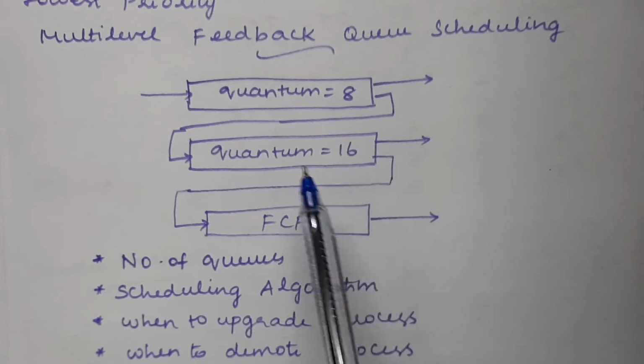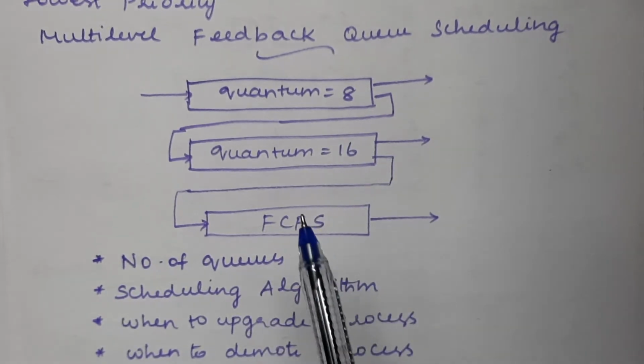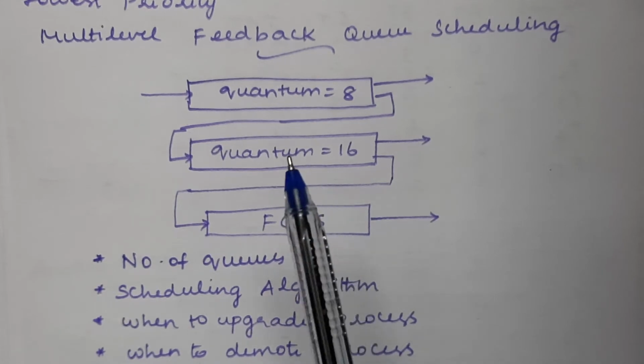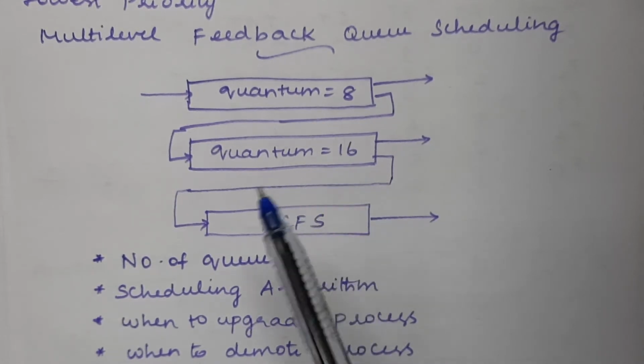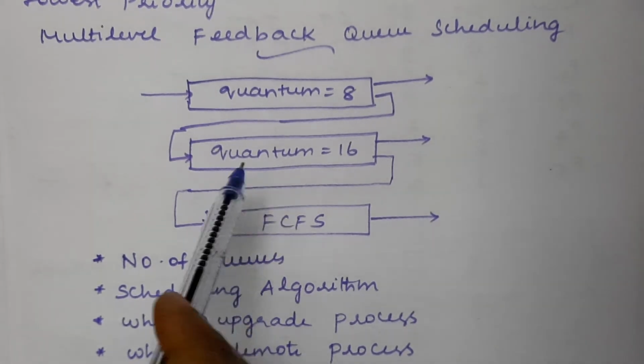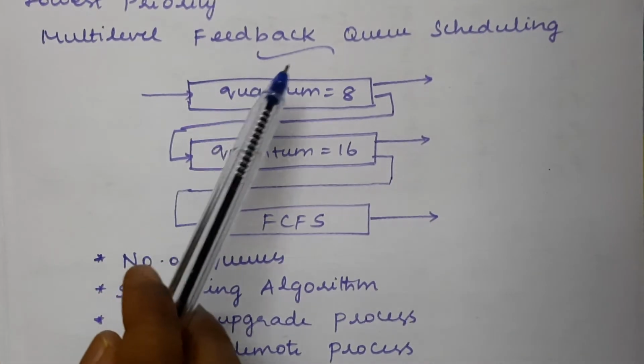Using this kind of technique, we can overcome the drawback, which means the low priority process will not wait for a long time before the execution of higher priority processes.